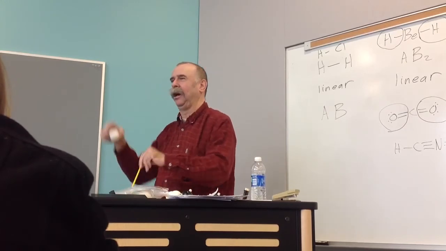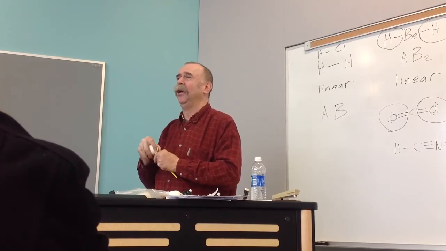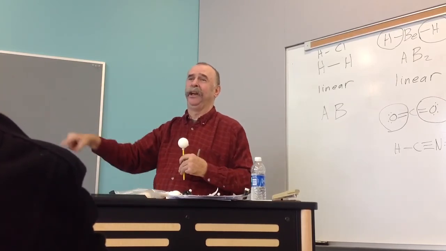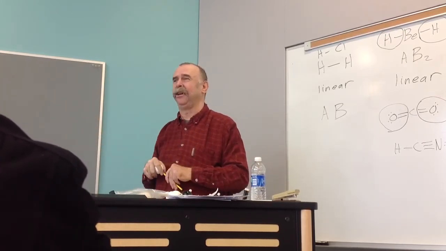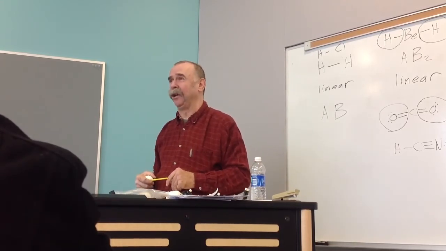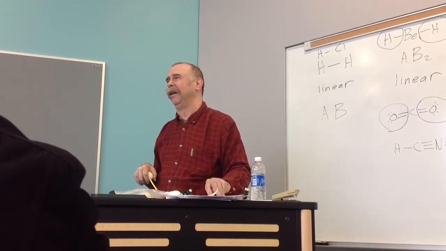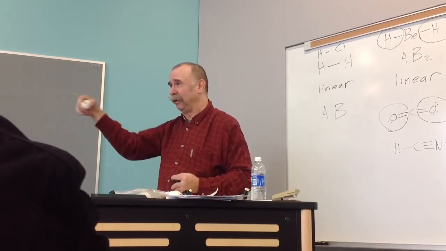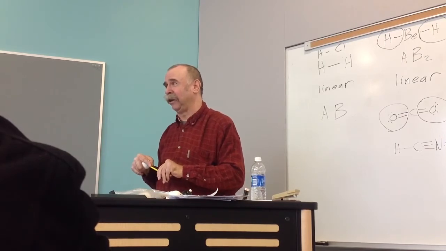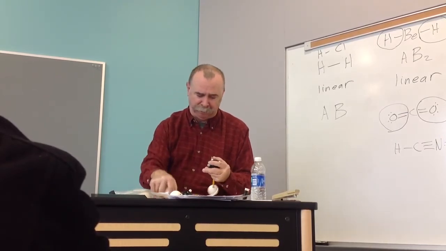How many degrees in a full circle? 360. Would I probably want to evenly distribute that 360 degrees? That would get them most equally spread out from each other. So take 360 and what would I divide it by? 3, because I'm going to spread 3 things equally across that 360 degrees. So they're going to be 120 degrees apart from each other.